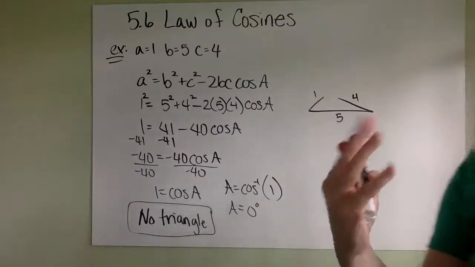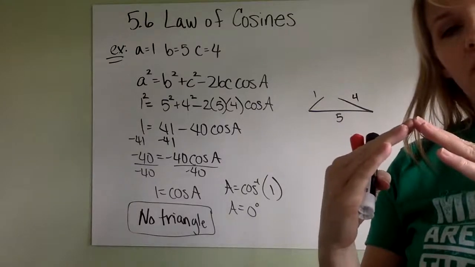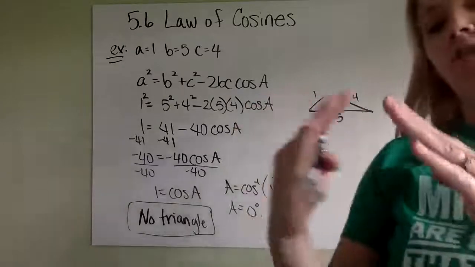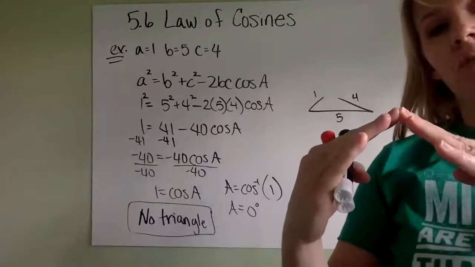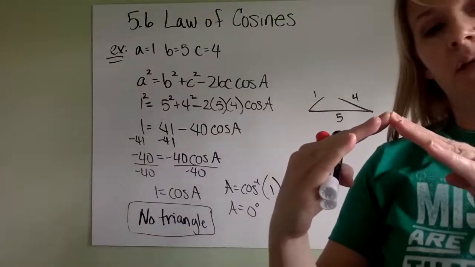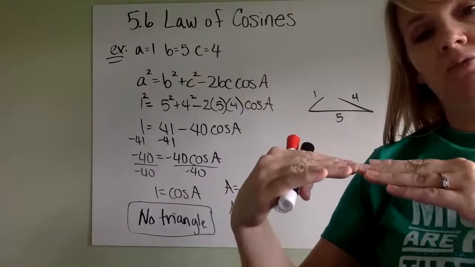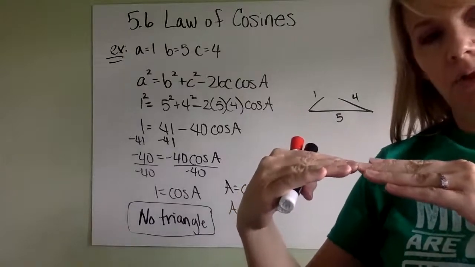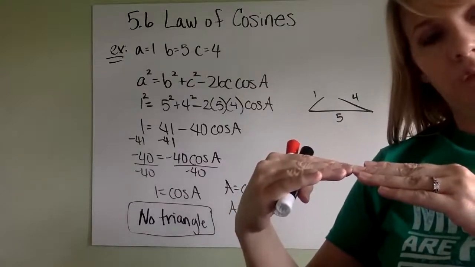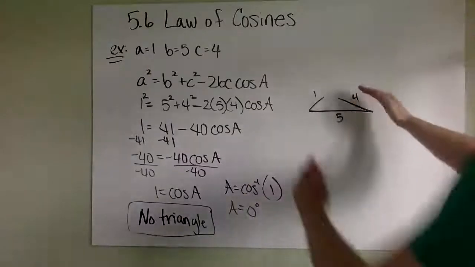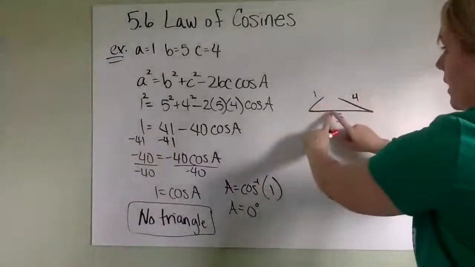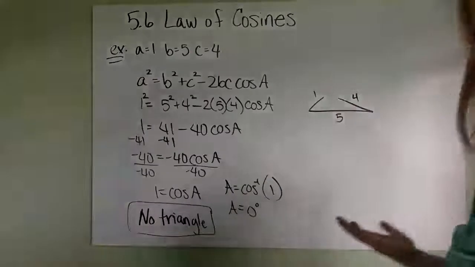If you try to make the two sides of that triangle, the 1 and the 4, touch, they're going to lay in a flat line right on top of the longest side 5, right? So think of it: I bend these two in and they're right on, because 1 plus 4 is 5.